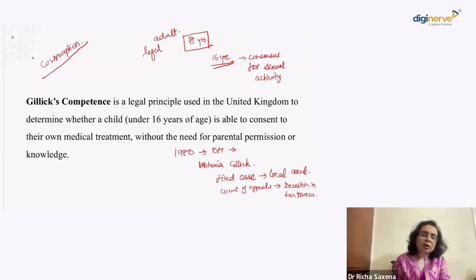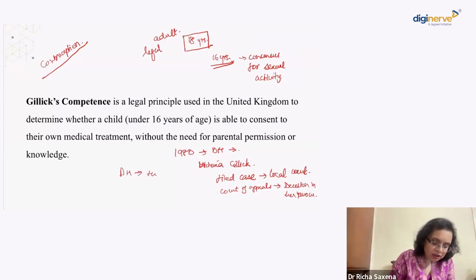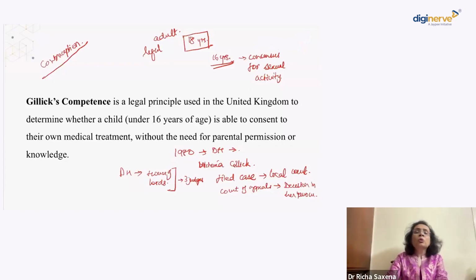So then the Department of Health filed a case again and they went to the House of Lords. And at the House of Lords, there were 3 judges who made the decision in favor of the Department of Health and not in favor of Victoria Gillick.